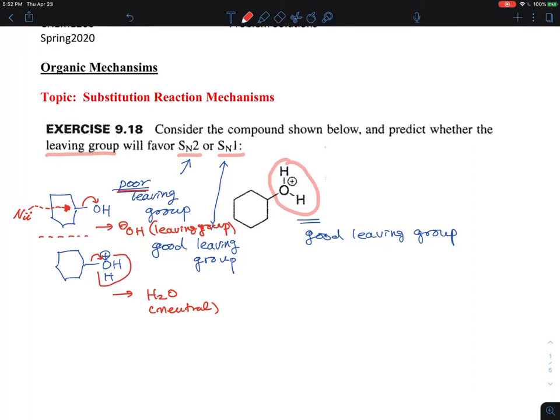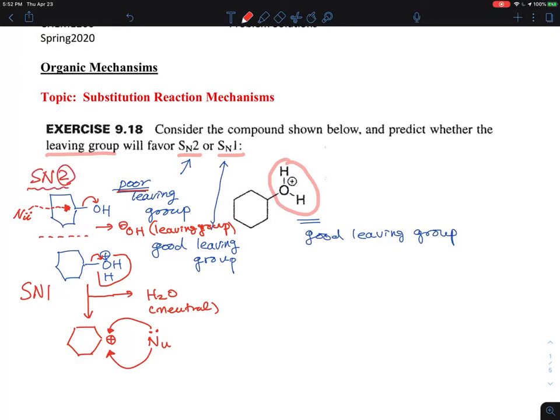By losing water here, it can develop positive charge on the carbocation as a transient structure, and then a nucleophile can attack this carbocation to form the bond. It can go from the top or from the bottom. So this is a different mechanism: this is an SN1 and this is an SN2.